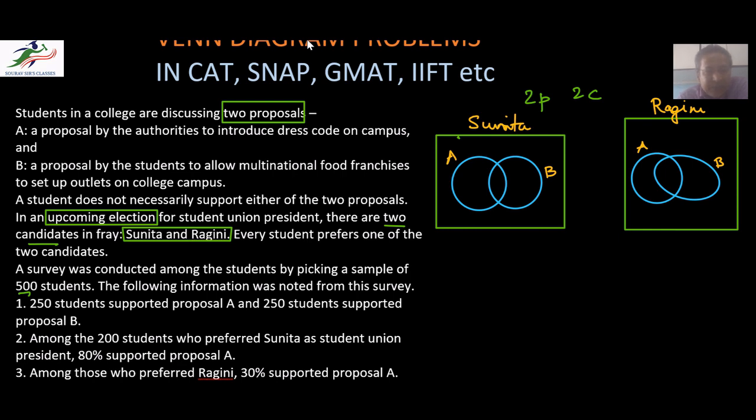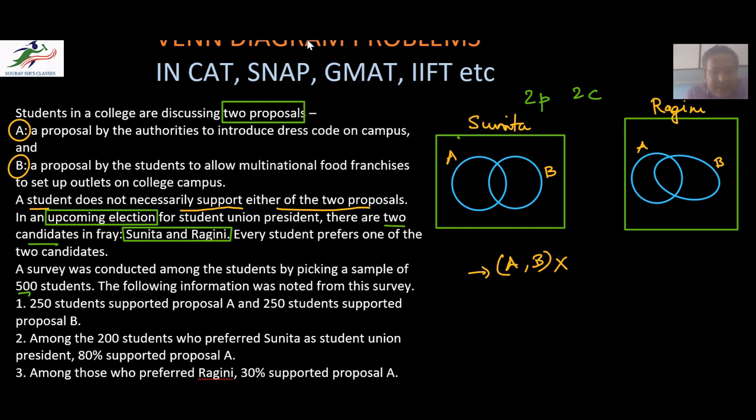So we can see that there are some information given. The first two, A and B, talk about the two proposals, which is not very relevant. Then it says that a student does not necessarily support either of the two proposals. This means that there could be some students who do not support any of A and B. So this is one information.